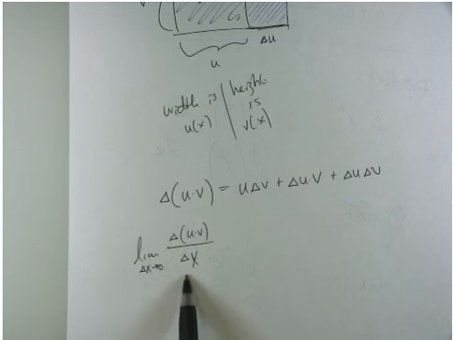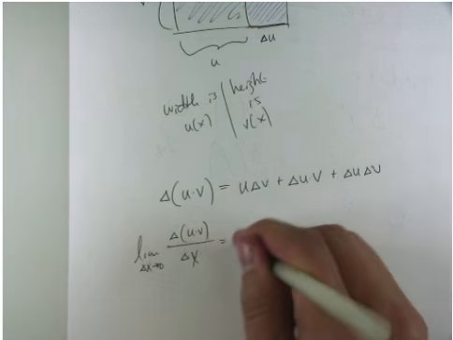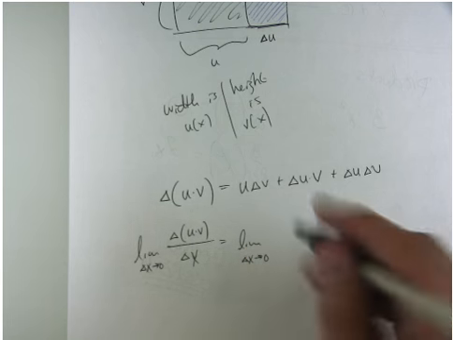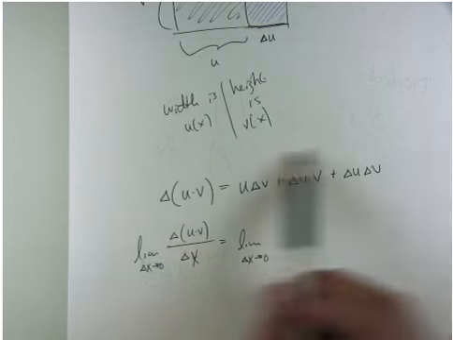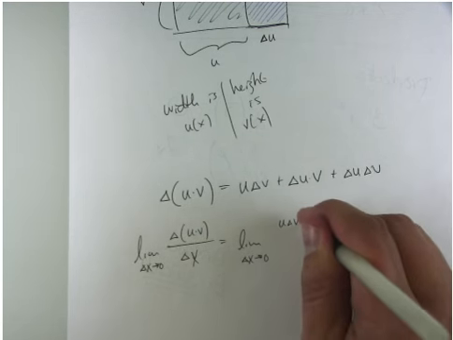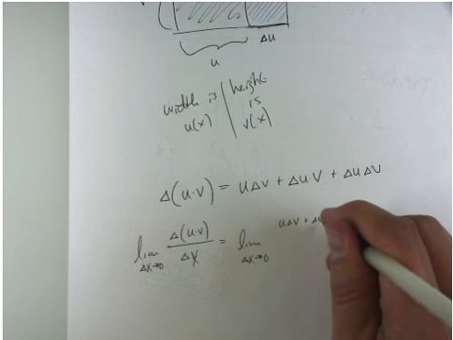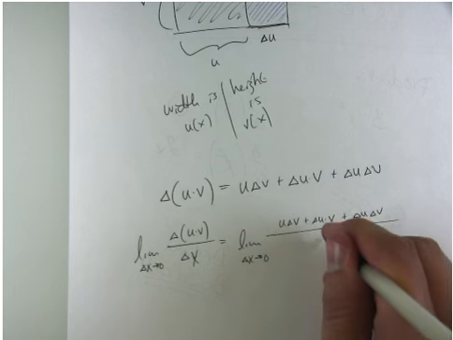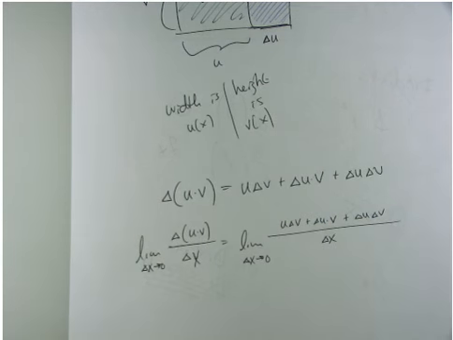Okay. So this is just kind of a definition of derivative type of statement. So that's the limit as that change in x goes to nothing, and it's all of that change in the product, U delta V plus delta U times V plus delta U delta V, all divided by some change in x.